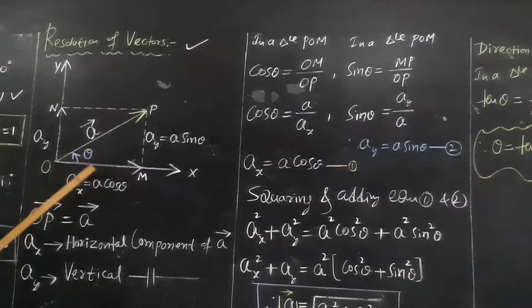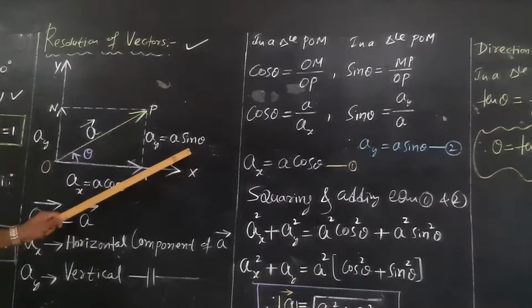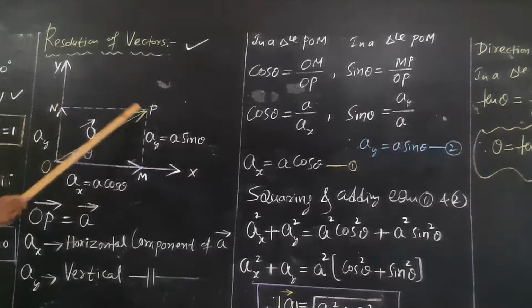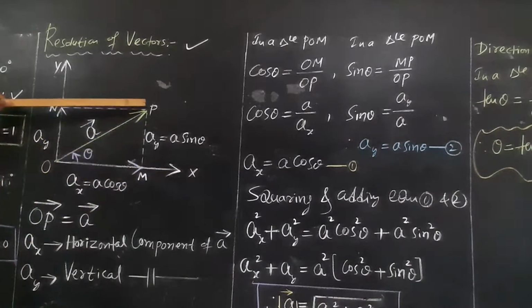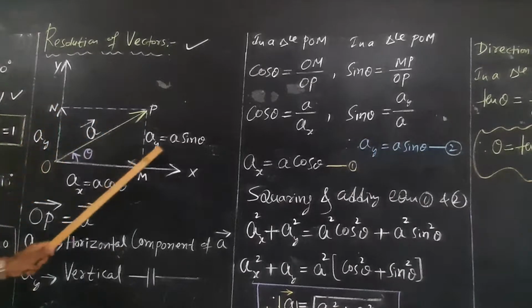So if you simplify, Ax is equal to OM, O to M is what is called Ax, which is equal to A cos theta, and M to P, Ay, is equal to A sin theta. Again N to P is also Ax, equal to A cos theta, and O to N, also Ay, is equal to A sin theta.